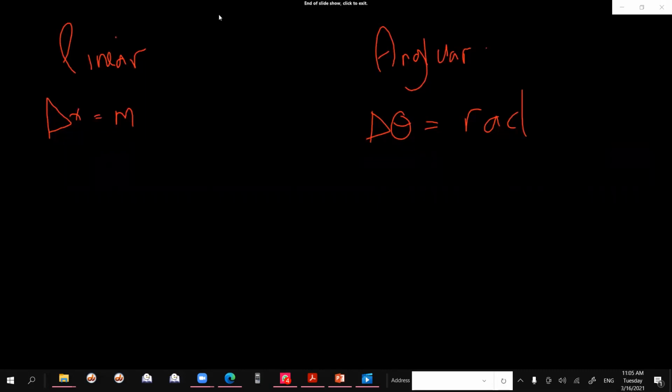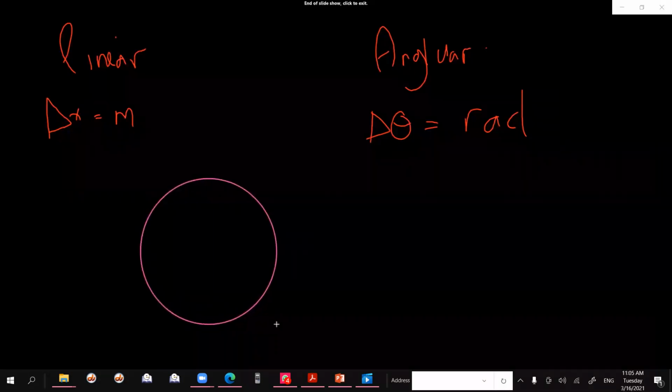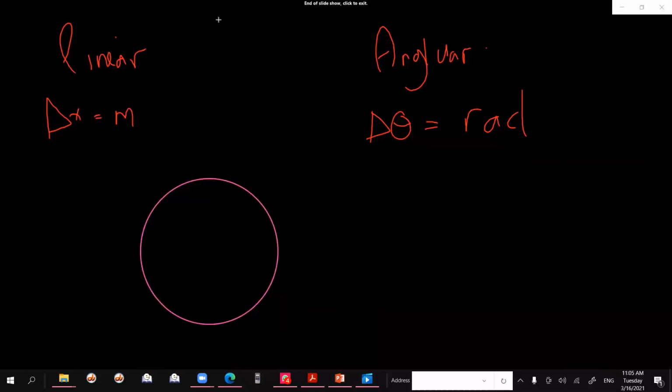Since we have an angular position and angular displacement for a circle, we also have an angular velocity.